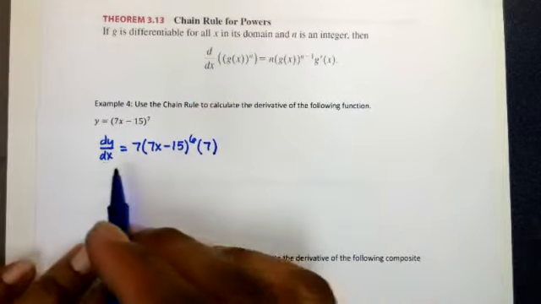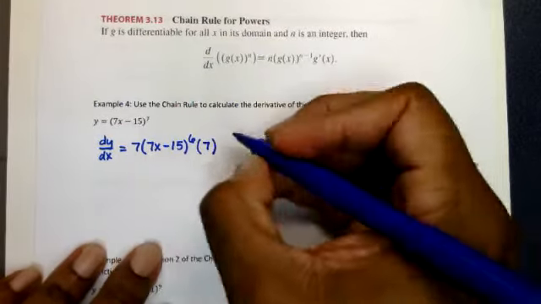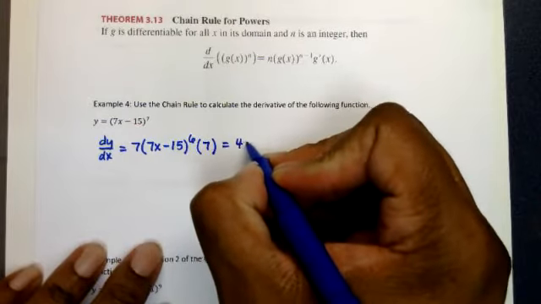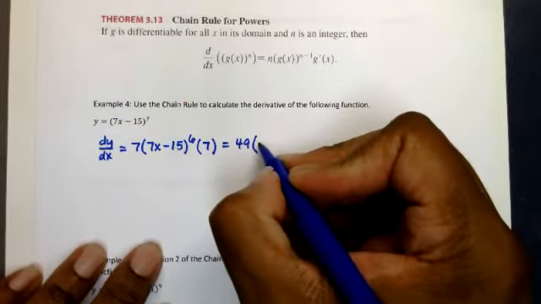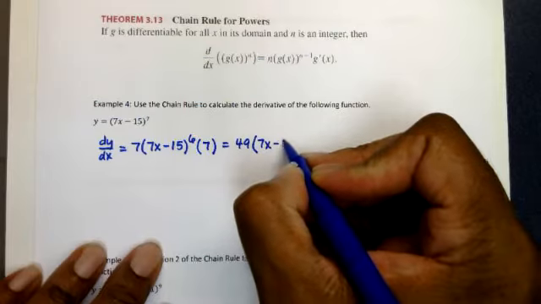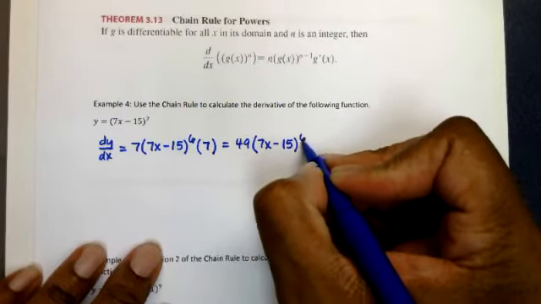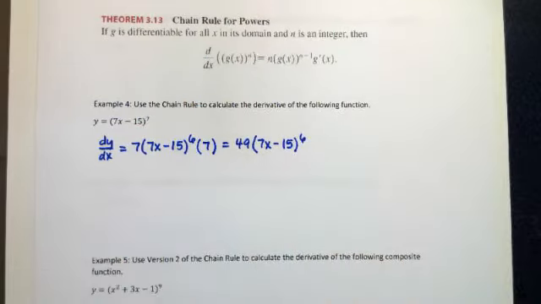And then if we simplify this, I can multiply 7 times 7, which will be 49. So it'll be 49 times the quantity 7x minus 15 raised to the 6. I will go no further with that problem. So that would be the derivative of y.